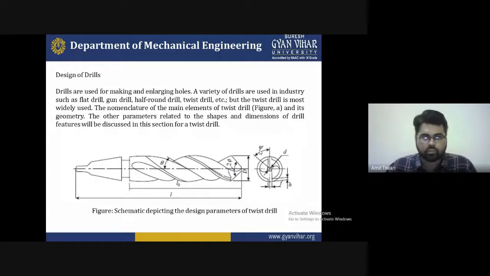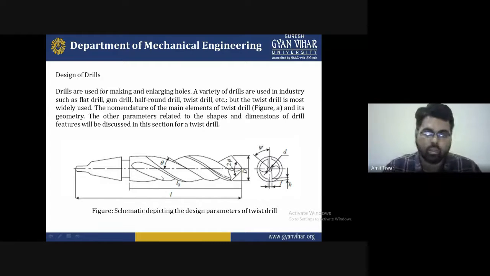Theta is the angle of the drilling portion measured from the reference center. You can also see D, which indicates the drill diameter, and H, which is the height of the drill to be measured and considered.